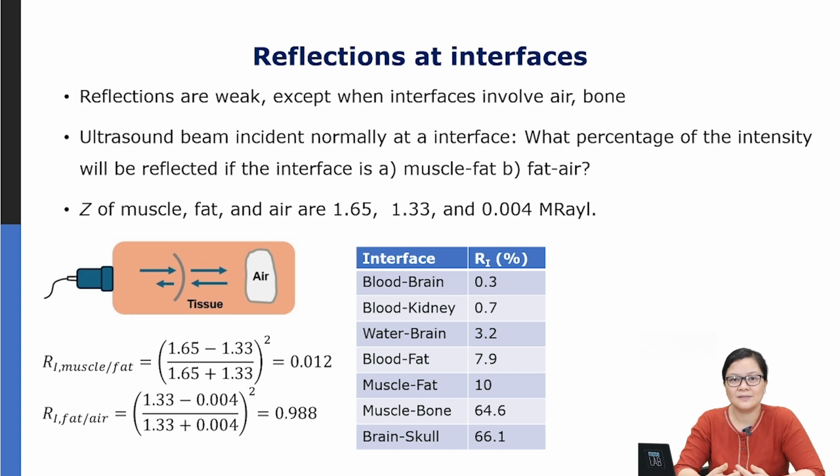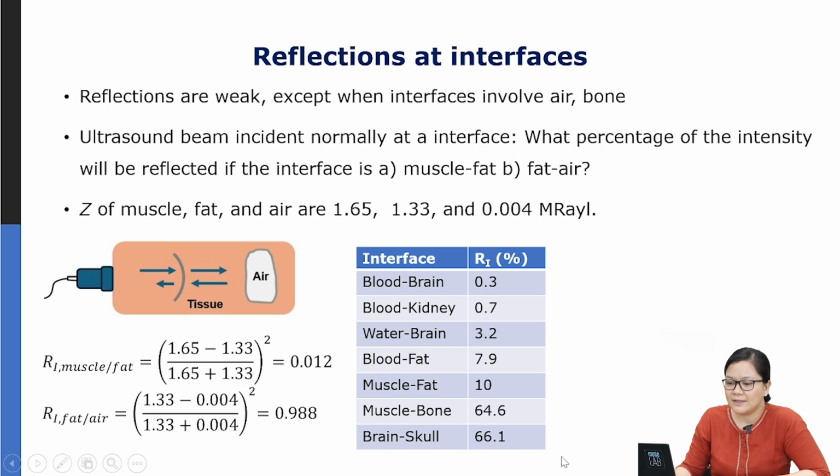And when that happens, very, very little of the ultrasound wave will be transmitted through the air. So this is an issue for imaging, especially if you have an ultrasound image and there's an air interface, then not a lot of the ultrasound signal would go through regions that are beyond the air interface. So this can be a challenge.